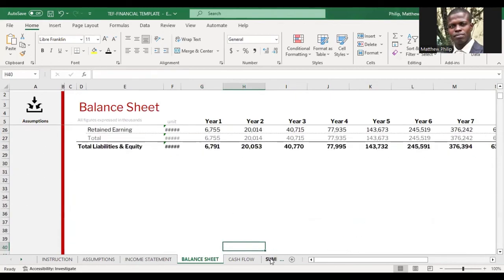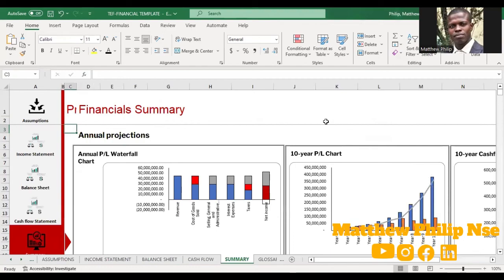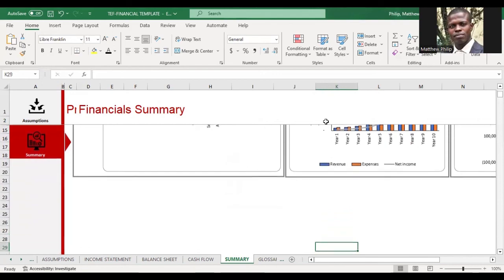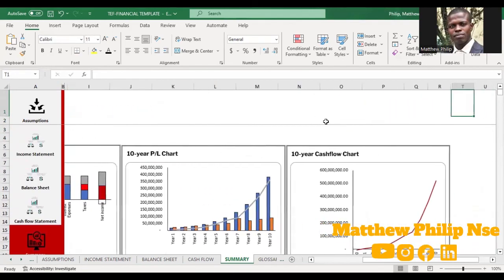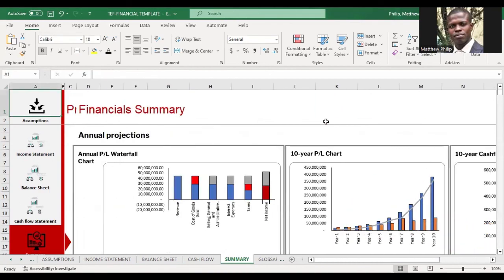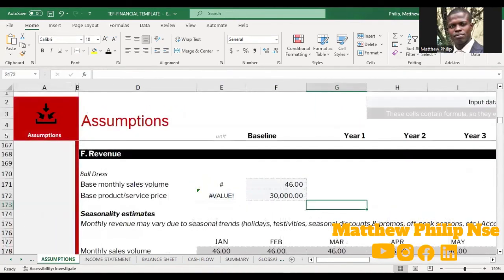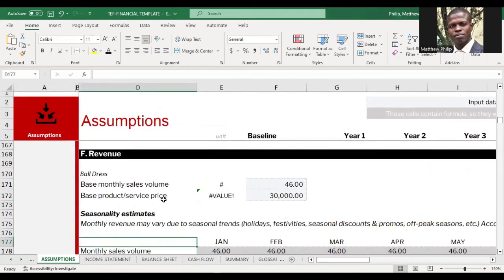Let's check our graphs. You can see the analysis of your business plan for 10 years. So now this is a viable business that can scale if the entrepreneur implements the right processes in the business. It can really scale.